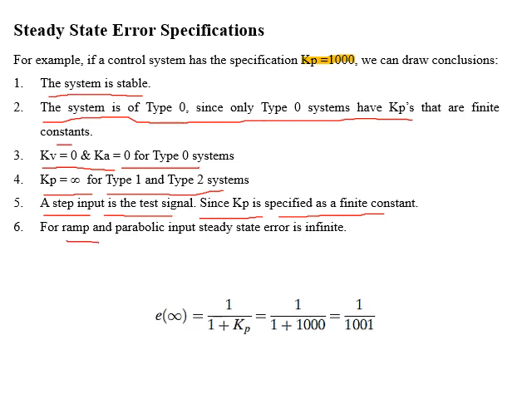For ramp and parabolic input, steady state error will be infinite. In this case, steady state error will be equal to 1 divided by 1 plus position constant, and this will be equal to 1 divided by 1001.